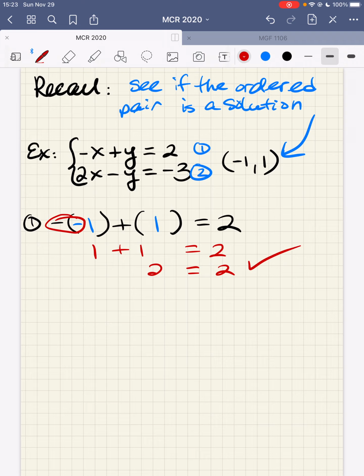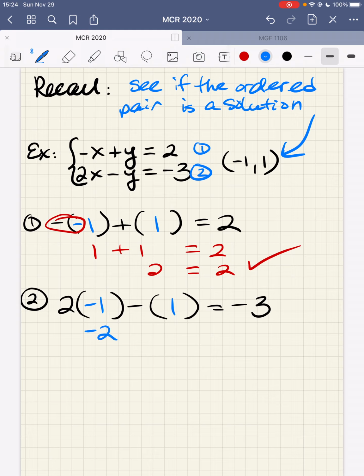We can't just assume that equation 2 is also going to be true, so we have to try it out. So let's do equation 2. We have 2x minus y is equal to negative 3. Where our x and y are, we're going to plug in our values, negative 1 and positive 1. And I have 2 times negative 1, which is negative 2, minus 1.